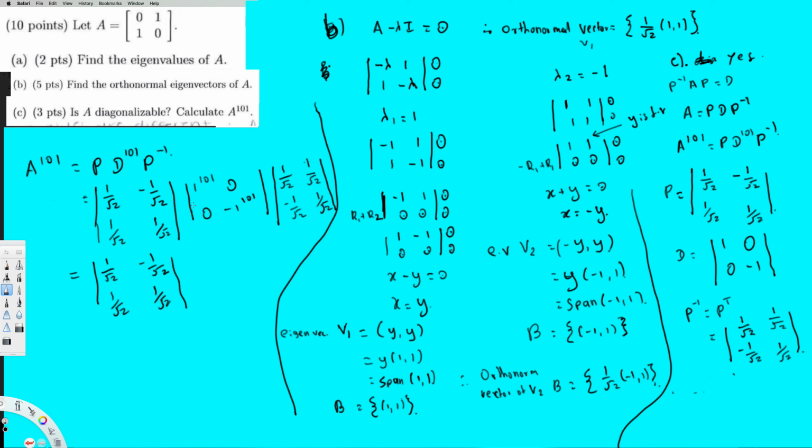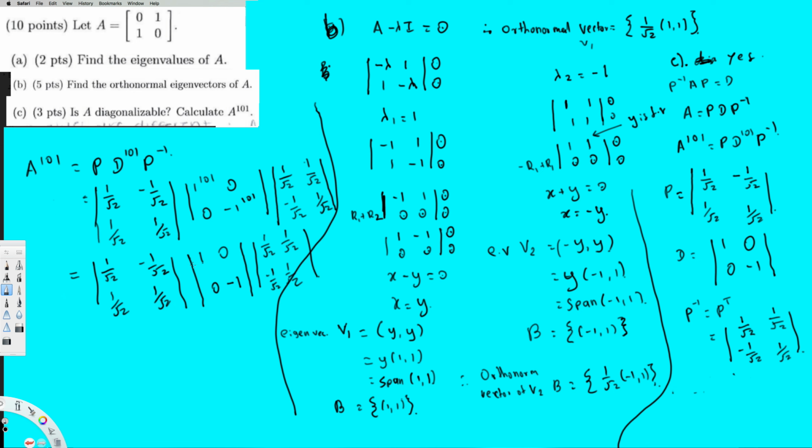In this case 1 to the power of 101 is simply 1, 0, 0, and minus 1 to the power of 101, it's an odd number. Odd number means it's going to be negative. And this one is going to be 1 over root 2, 1 over root 2, minus 1 over root 2, 1 over root 2.